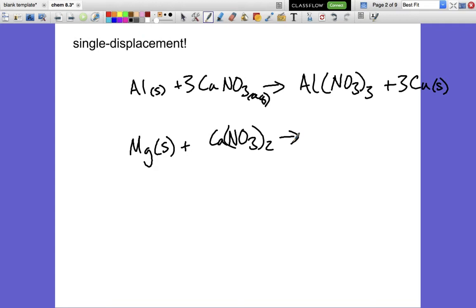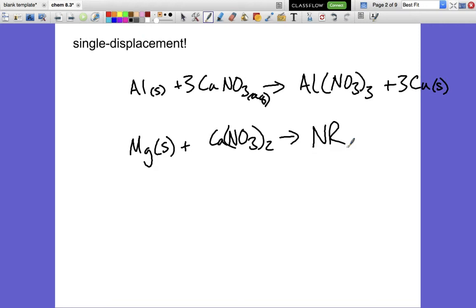So our first thing that we're supposed to learn from this activity series is that yes, aluminum can replace copper because aluminum is more active than copper. But no, magnesium cannot replace calcium. If I was given this prompt, I'm just supposed to write no reaction. Nothing would happen here. Calcium can replace magnesium, but magnesium cannot replace calcium.